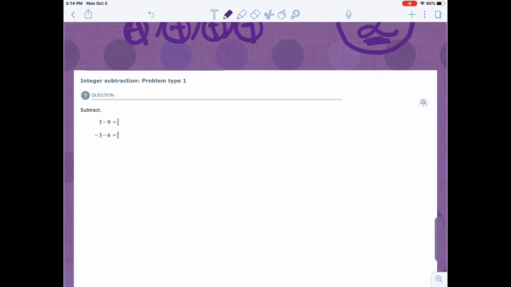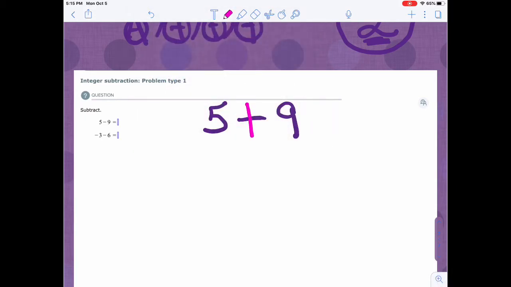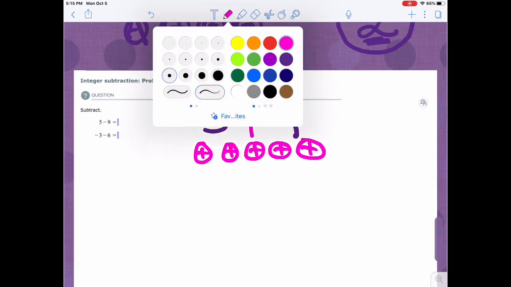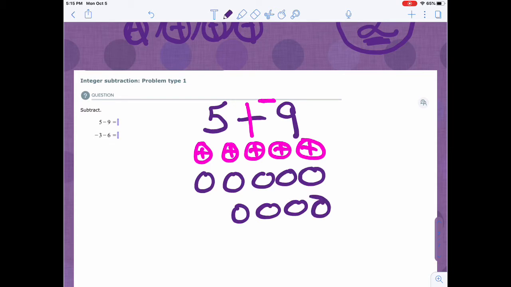So 5 minus 9 is really 5 plus a negative 9. And when I have 5 positives, and I have 9 negatives, I'm going to see these guys all cancel out.